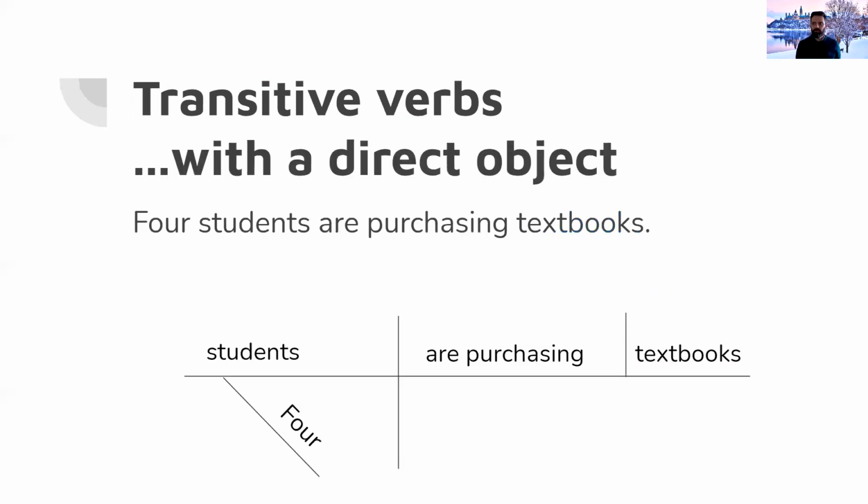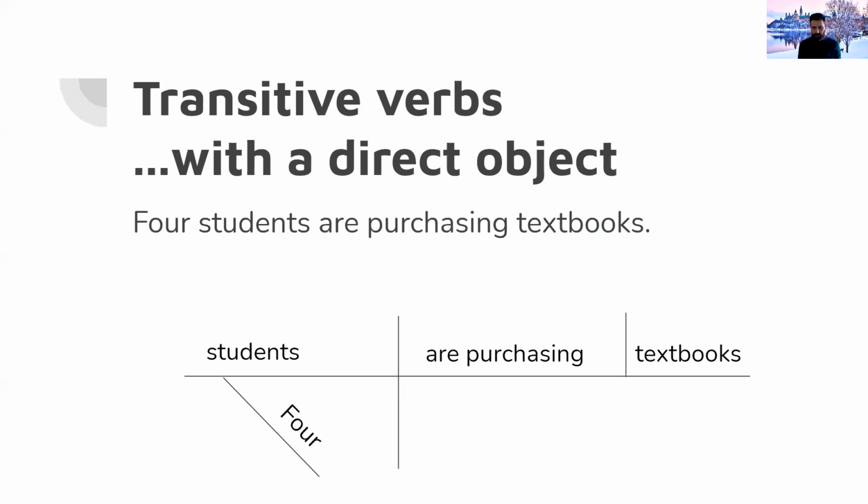So let's talk about transitive verbs with a direct object. A simple, basic kind of transitive verb sentence: Four students are purchasing textbooks. Our subject is the four students. Our main verb phrase, are purchasing. We've got the present progressive here. And then our object, the thing that is being purchased, is the textbooks.